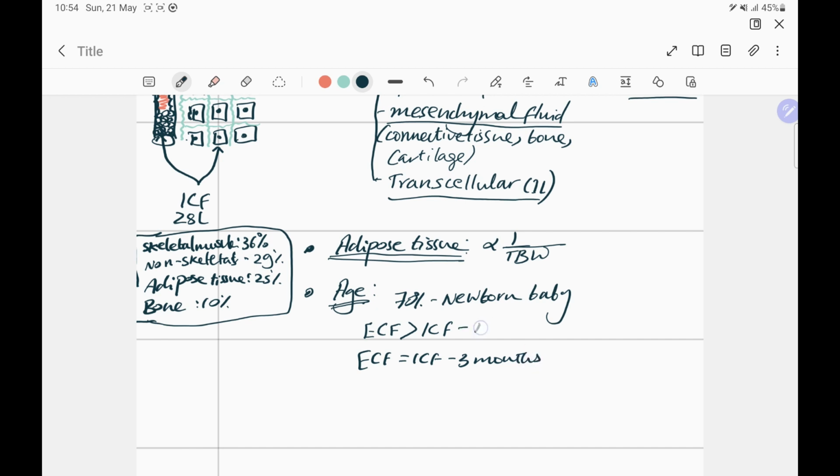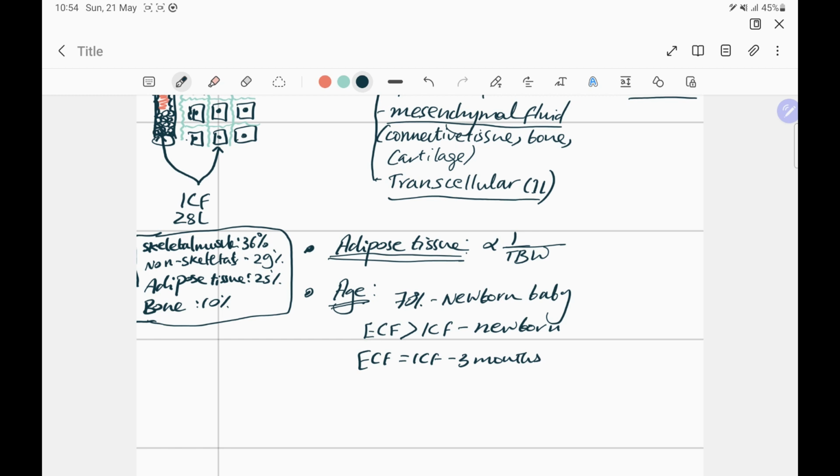So in a newborn baby, your ECF is more. Because the extracellular fluid compartment is more, remember this, this ECF is much closer to your lining epithelium. I want you to think of it this way. The lining epithelium of your mucosal surfaces and of your skin.